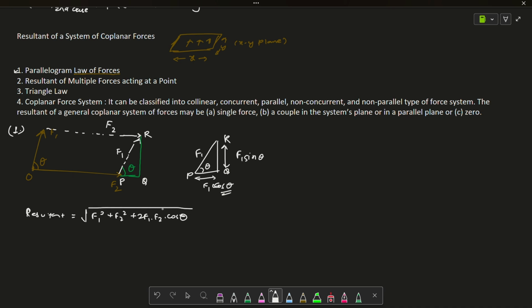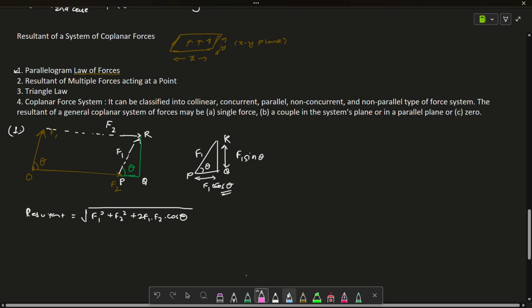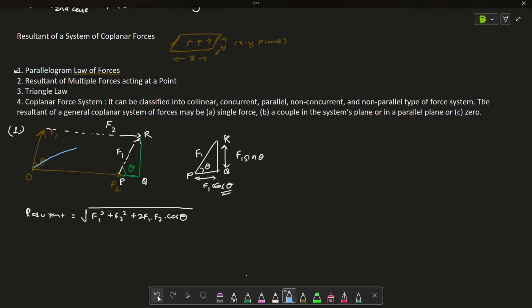This is very simple to calculate. Let me show you how. Suppose here is my resultant force, let me call it R. This length would be F2, this one is F1 cos theta and this one is F1 sin theta.